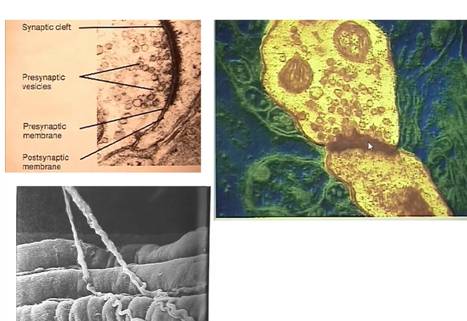And so the acetylcholine is going to come out, go through this cleft, and stick onto the receptors on this side. And then this is a scanning electron micrograph picture. So here comes the axon coming in, and you can see it branching off. And I wish they would come on a little further and show you the bouton out there, but it's just showing you how it's coming in.